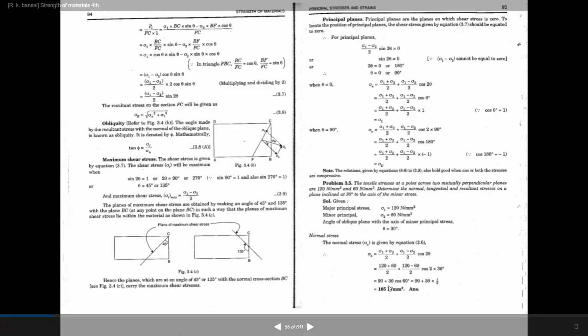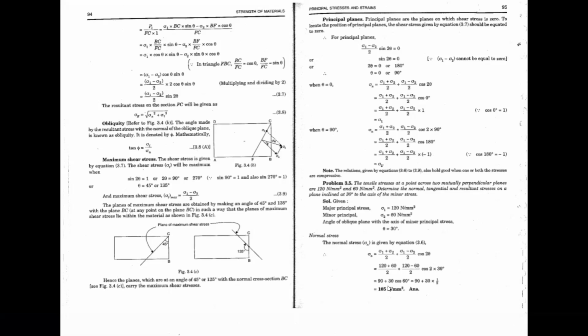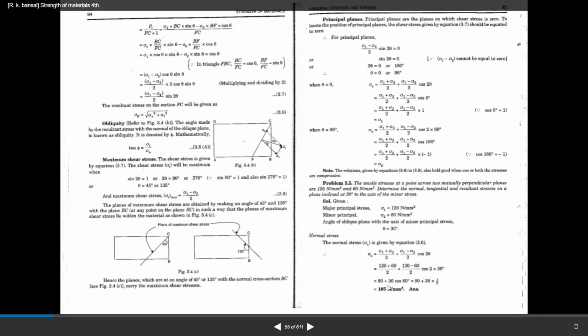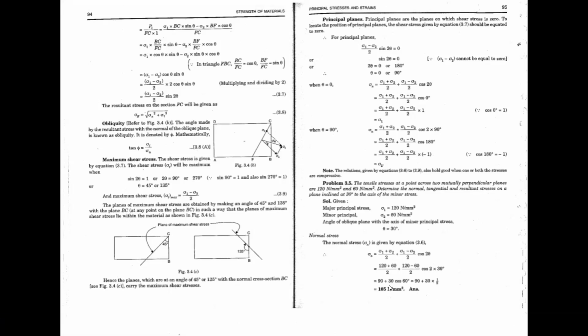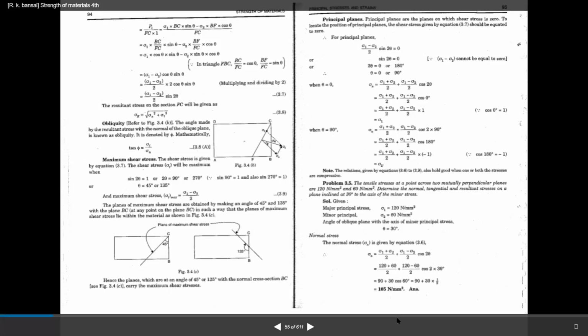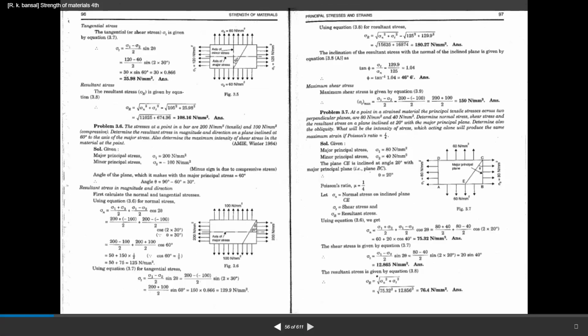Substituting these values in this formula, finally got the normal stress 105 Newton per mm square. Next, tangential stress. See the diagram for sigma 1 and sigma 2, minor axis and major axis stresses.